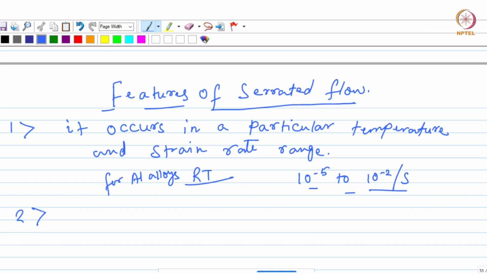Number 2, for a given strain rate, it occurs at a certain temperature range.